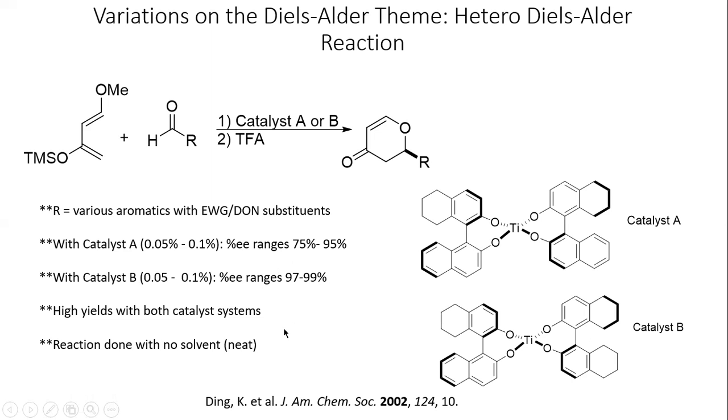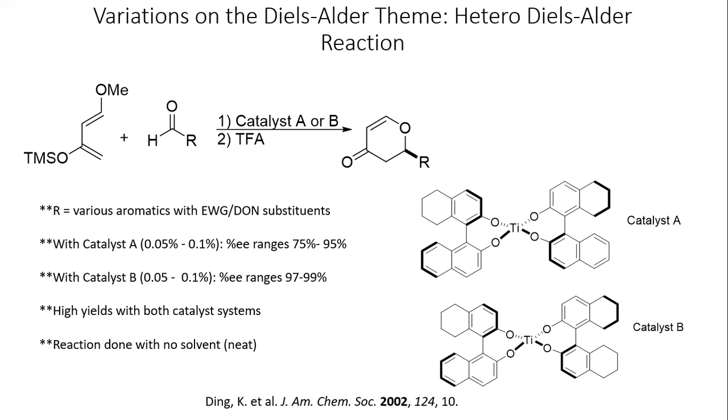Doing a reaction neat, meaning doing it without solvent, is important in the sense that if you want to scale this up, or if you want it to have some industrial applications, then a lack of solvent is actually a good thing. It's because that's one less step.